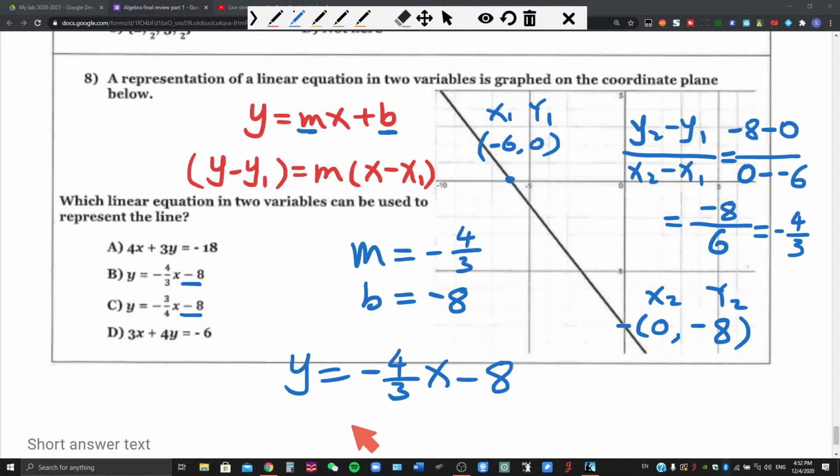That will be option B. They are using option C as a distraction. If you don't put the x and y in the correct order, and you put them upside down, you will be tempted to choose C. However, the answer should be option B.